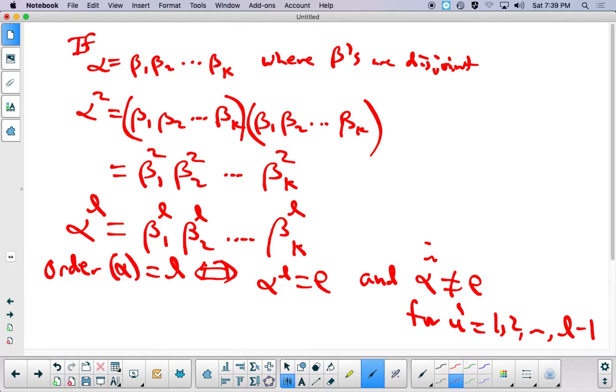In other words, L is the smallest power of alpha that is equal to E.